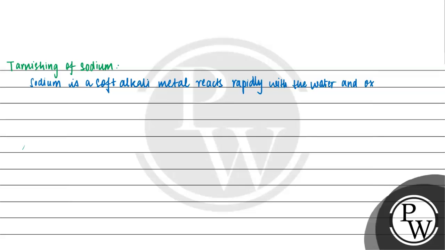This forms a layer of oxide and hydroxide. This is known as tarnishing.